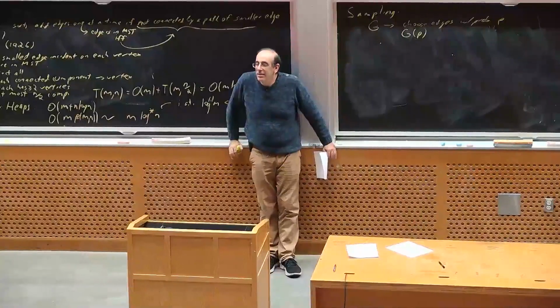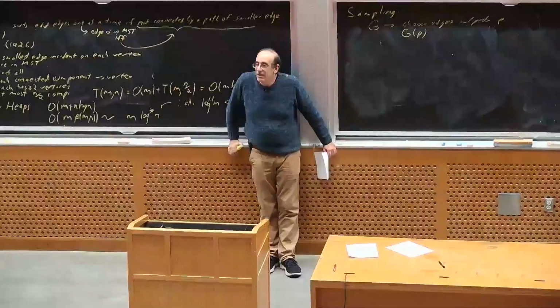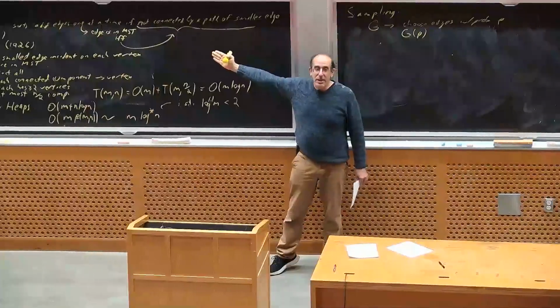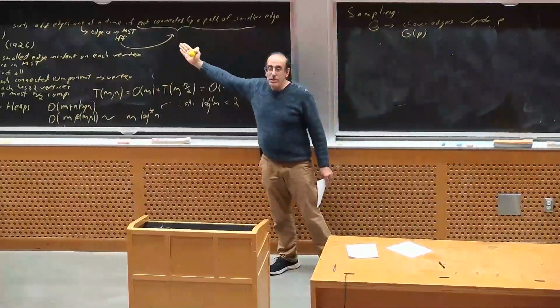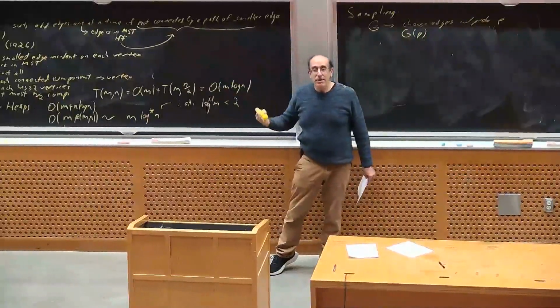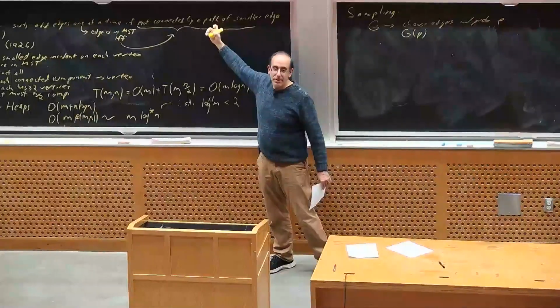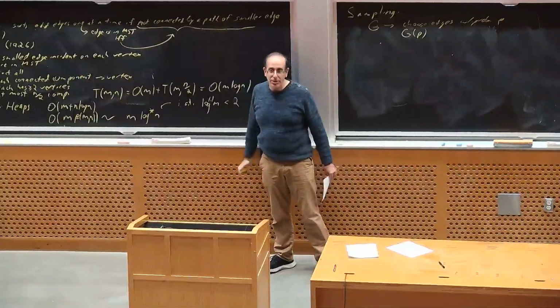Exactly. The sample is going to have a bunch of edges, and essentially those edges can demonstrate that some edges do not belong in the MST because the sample has a path that rejects the edge.